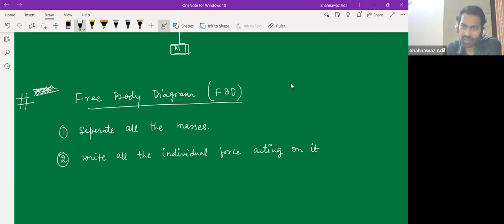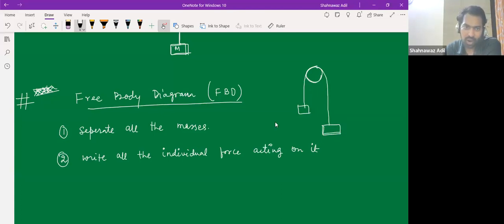So let's say that we have a pulley, and in this pulley we have two masses which are hanging.